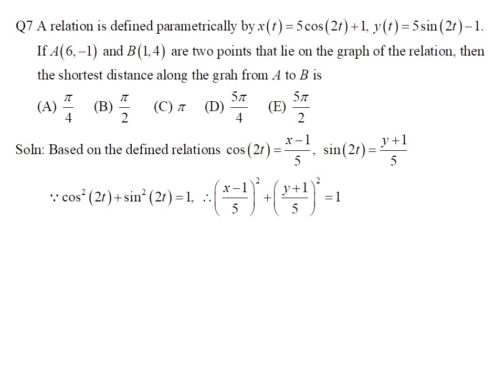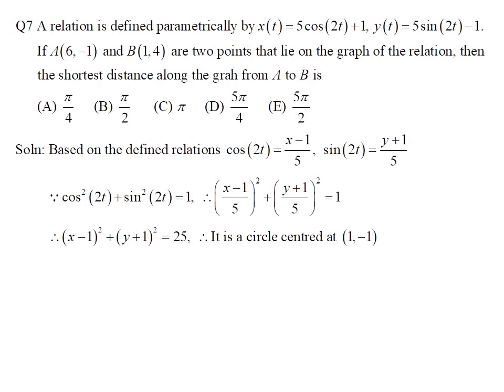It follows that (x minus 1 all over 5) squared plus (y plus 1 all over 5) squared equals 1, which gives (x minus 1) squared plus (y plus 1) squared equals 25.